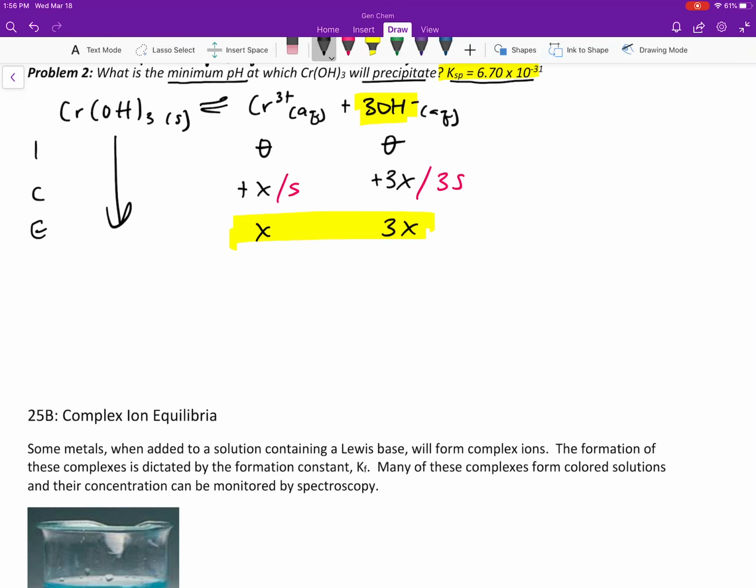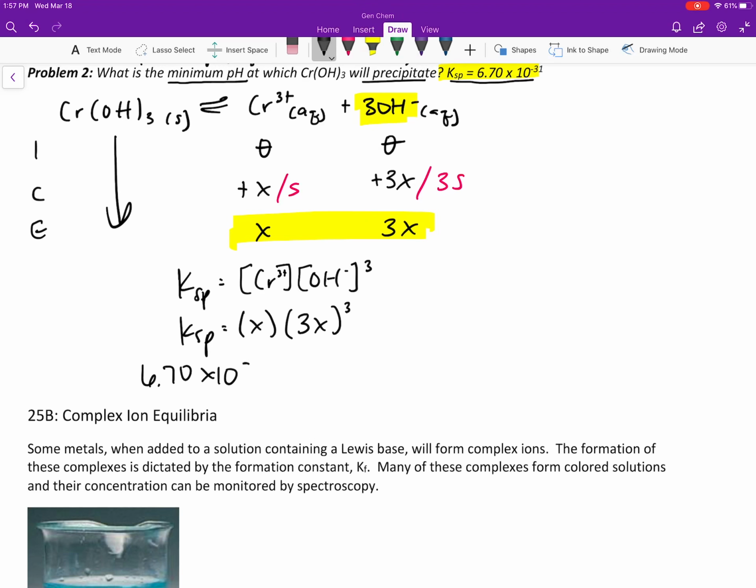I have my Ksp. And now I'm going to plug everything in. Remember, there's no denominator here because chromium hydroxide is a solid, so its activity is 1. My Ksp value in the problem is 6.7 times 10 to the negative 31.